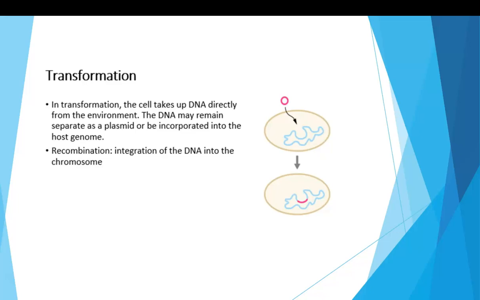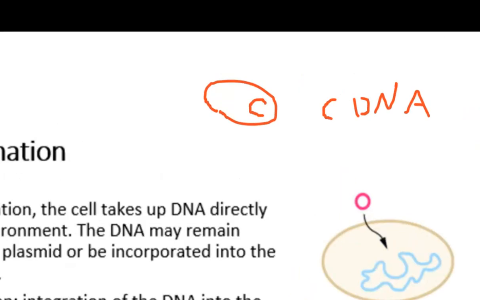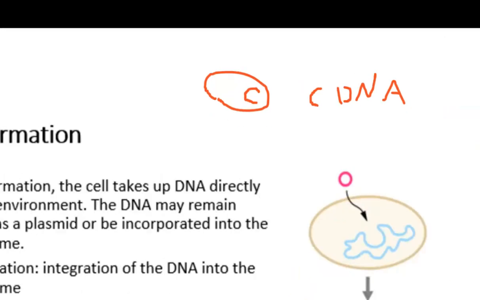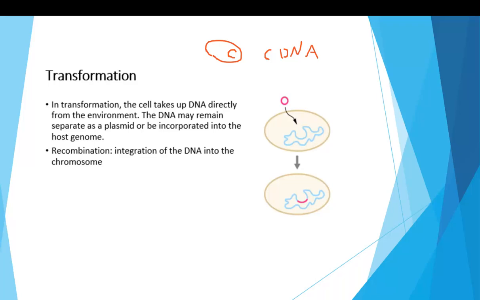If I just want to show you very simply, imagine this is the bacteria, and this is a piece of DNA in their environment. They can easily engulf this DNA and bring it into their cells, and then sometimes it can even become part of their genomic DNA, as you can see here.